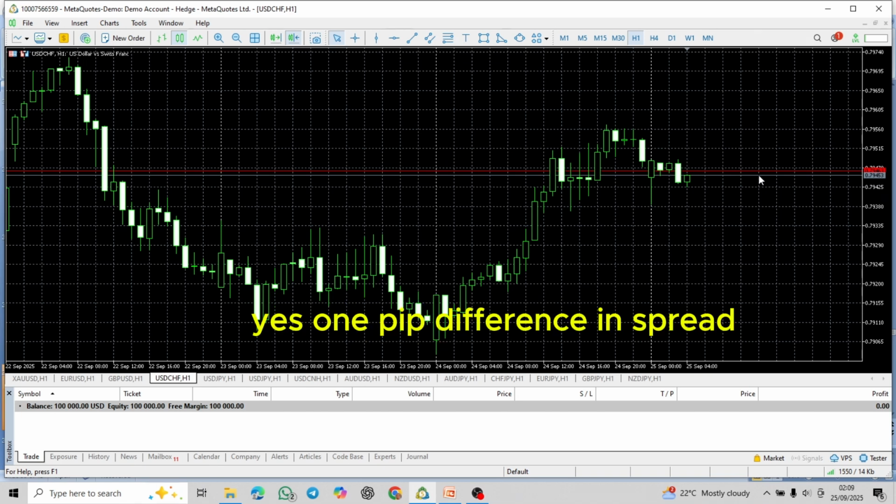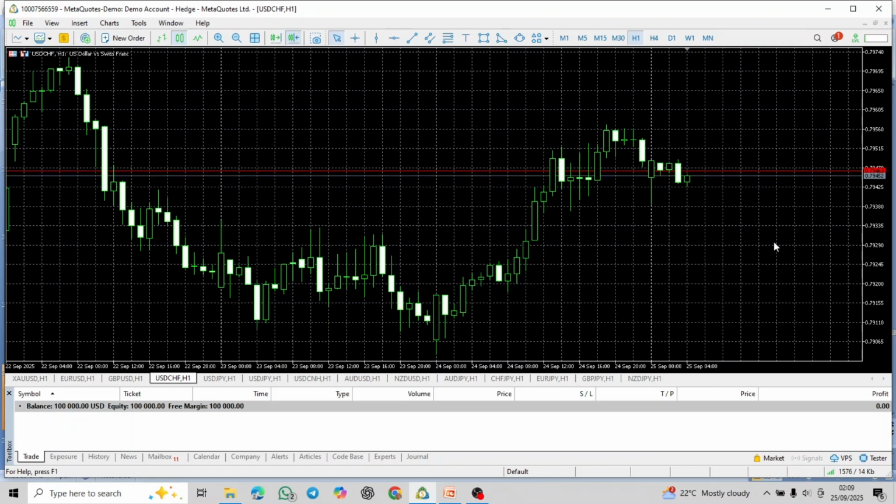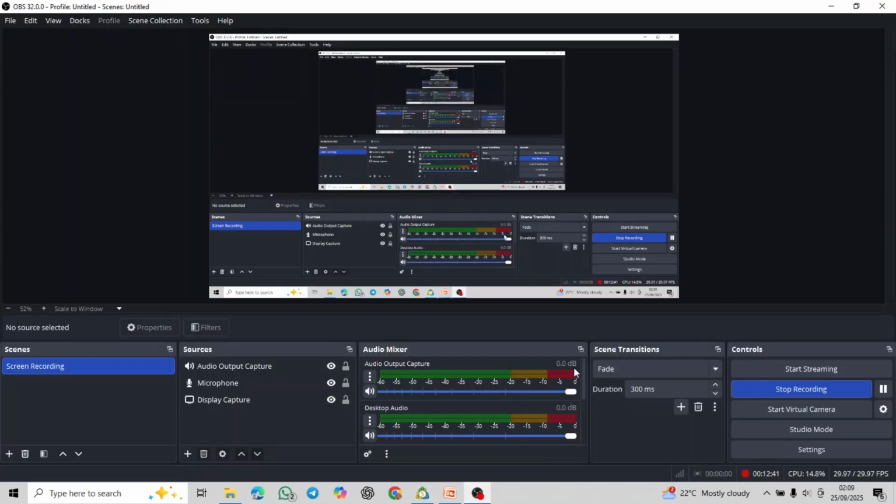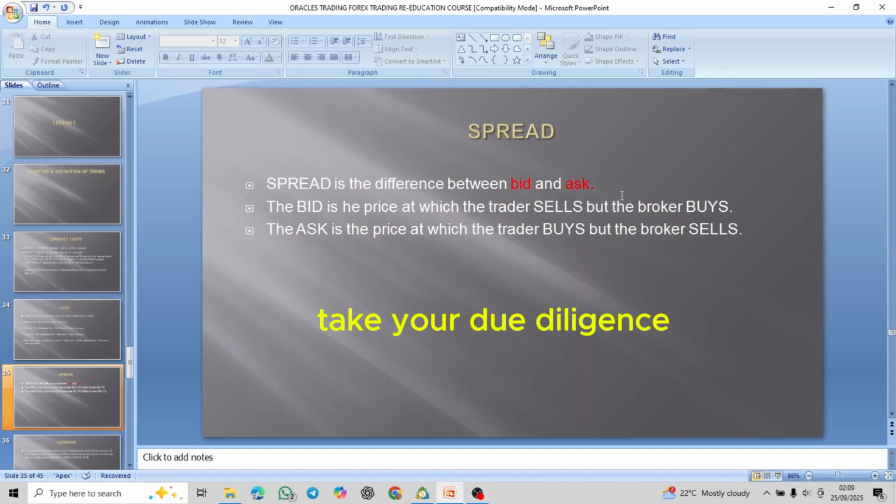Yes, one pip difference in spread. So take your due diligence when you are selecting your broker.